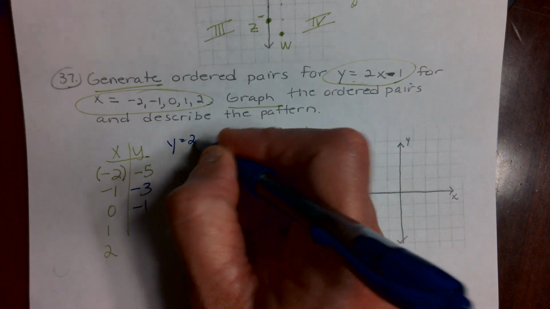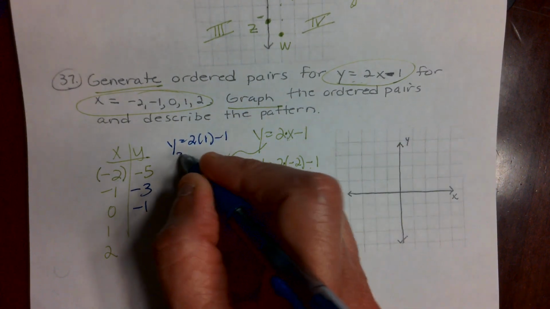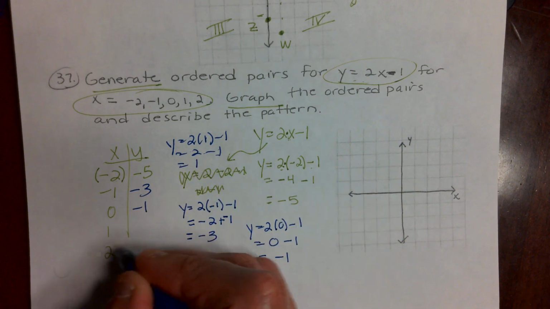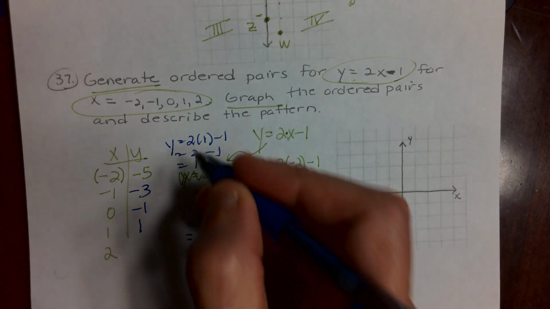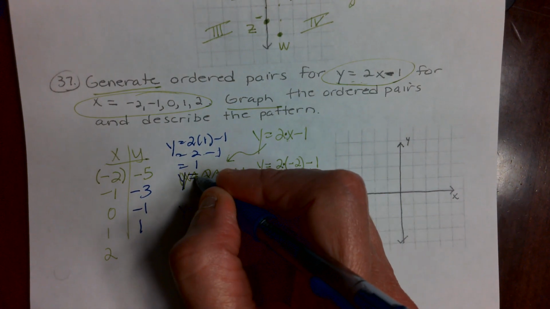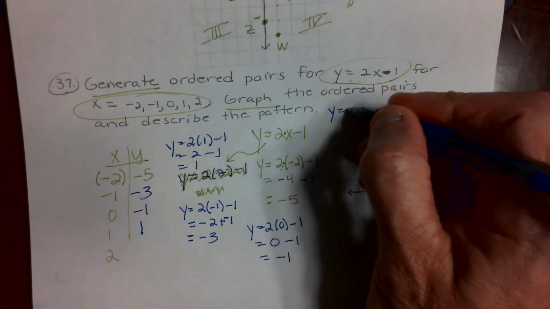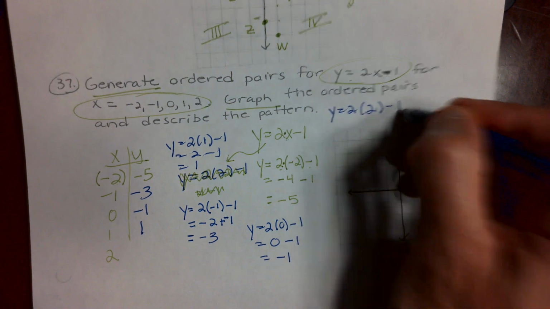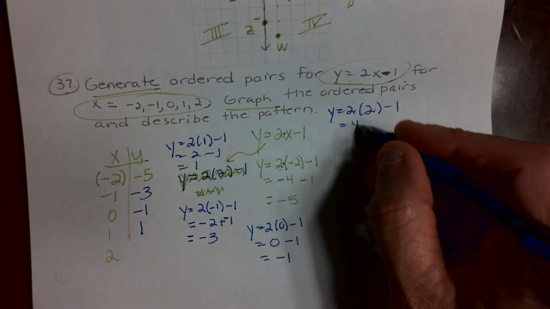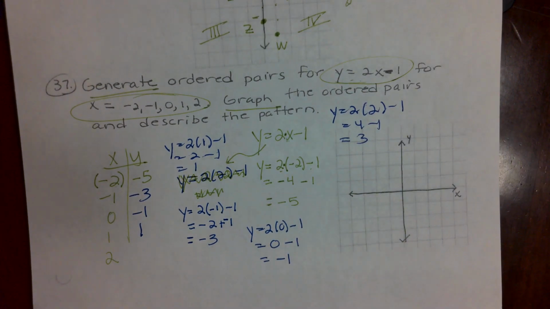Y equals 2 times 1 minus 1. That's 2 minus 1, that's 1. And then finally, y equals 2 times 2 minus 1. That's y equals 4 minus 1, and that is 3.